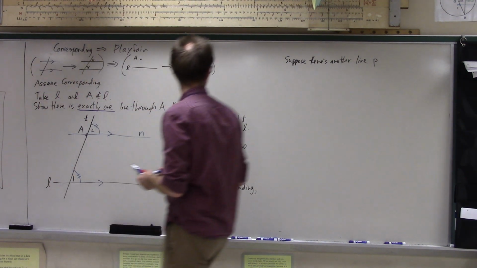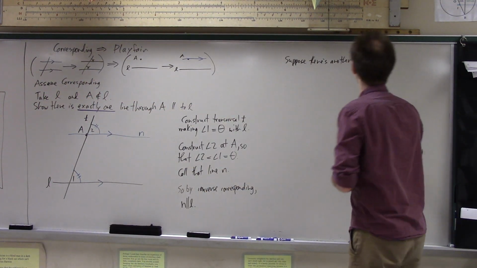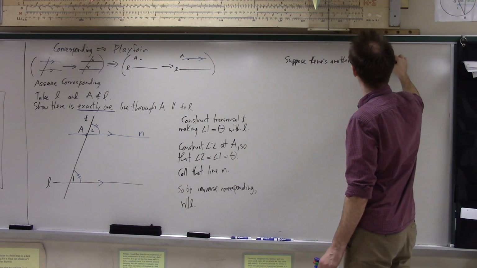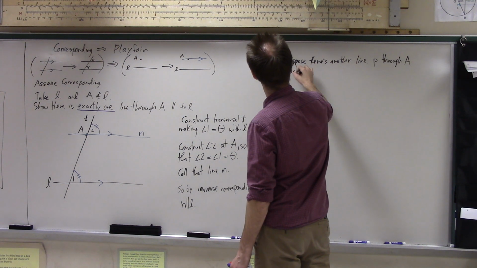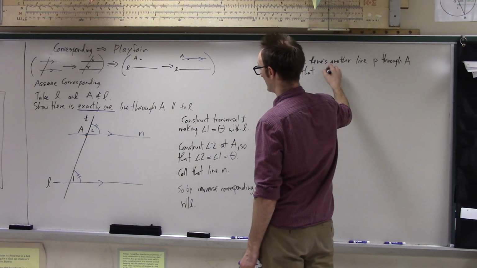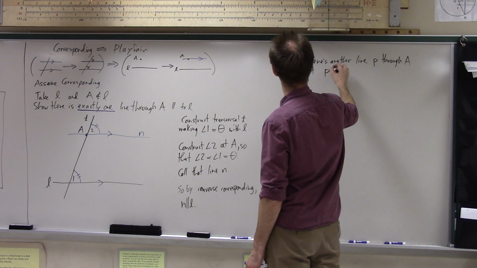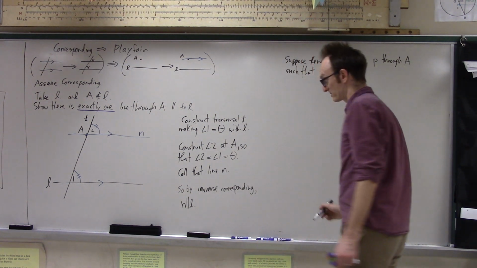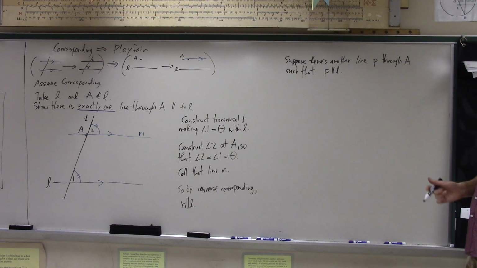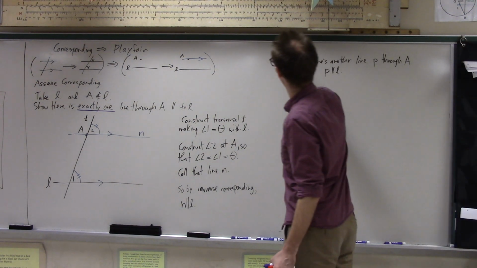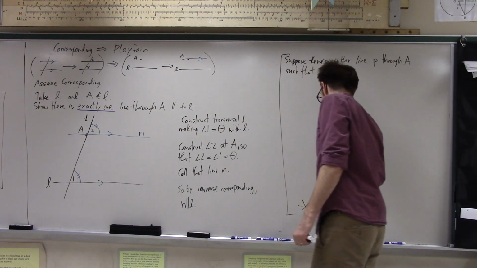So suppose that there's another line P through A such that P is parallel to L. I've already shown that there's this one line, so Playfair is saying there can't be two. If I prove that there's not another one, then we'll be done. So this is a proof by contradiction.